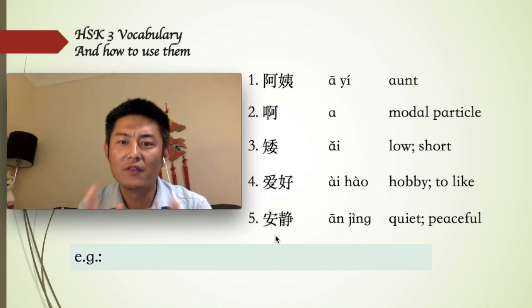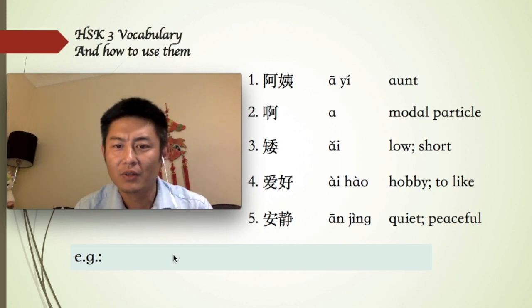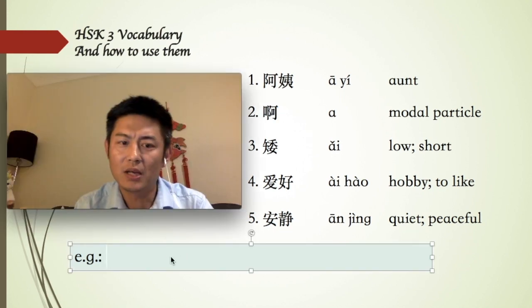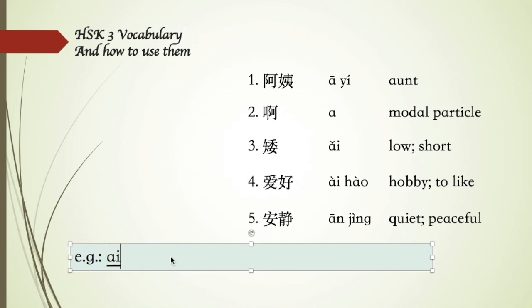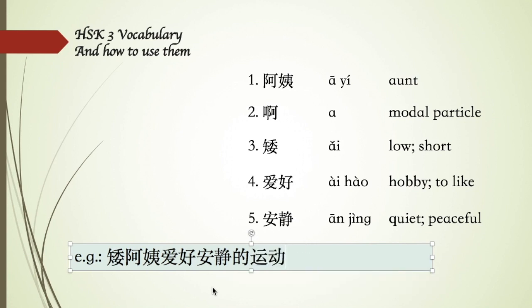How do we put all of them in one sentence? First of all, we have 矮阿姨, the short aunt. That's a nickname. Not very polite, but who cares? We just want to put them in one sentence. 矮阿姨爱好, got it. 安静的运动, you can put 啊 after anything, really.